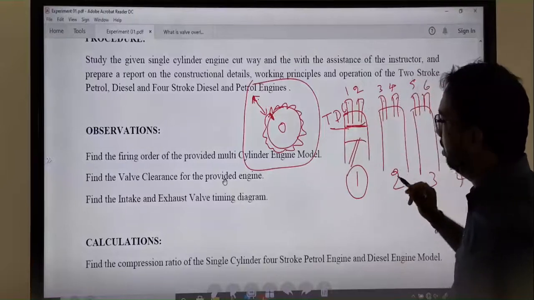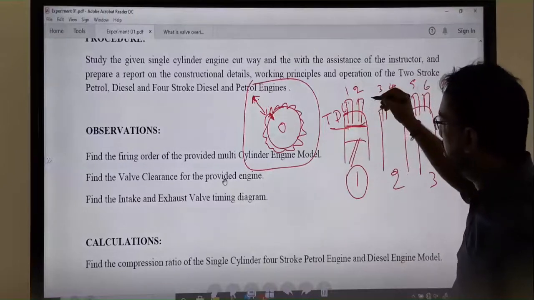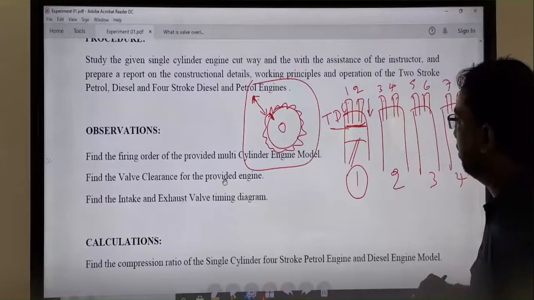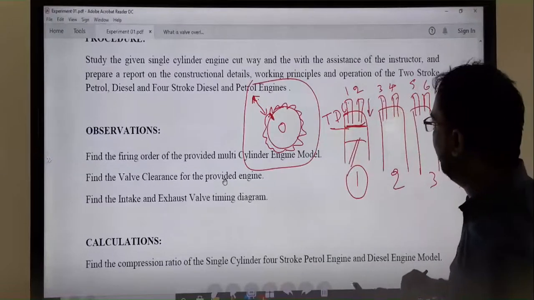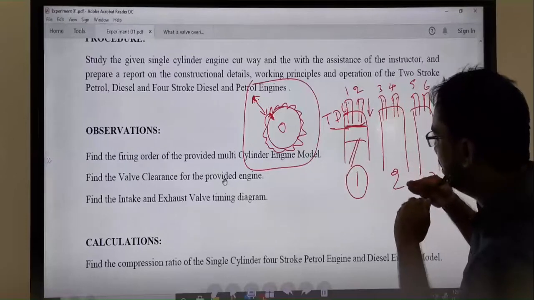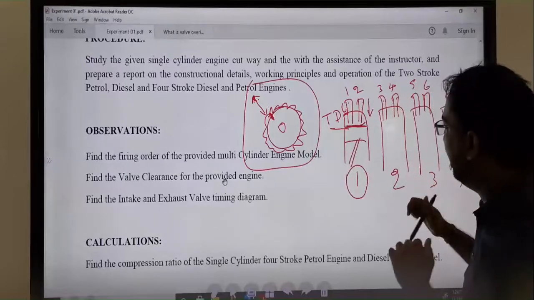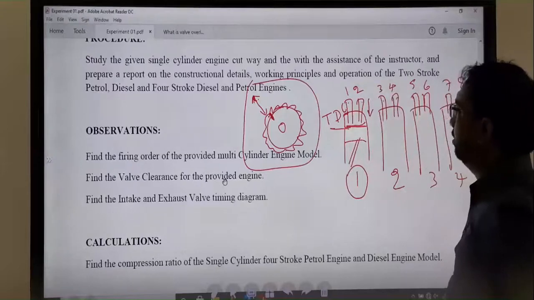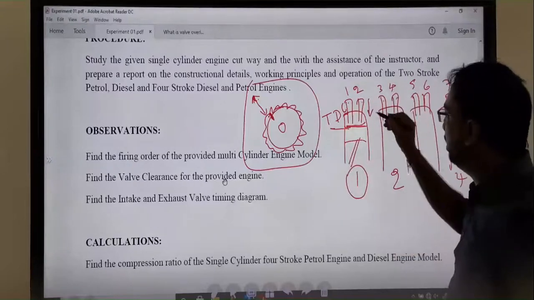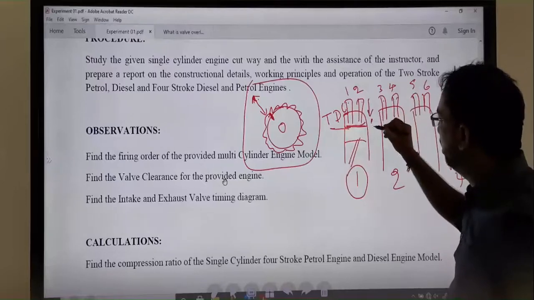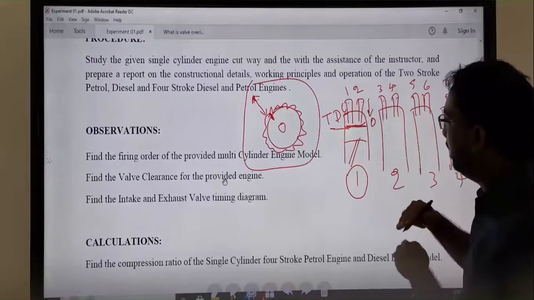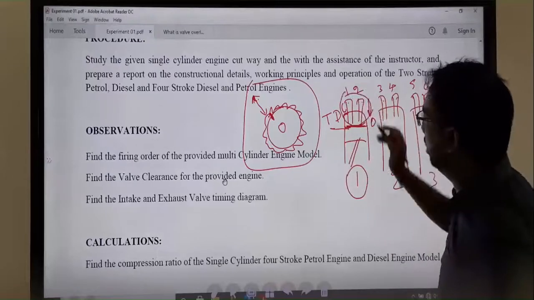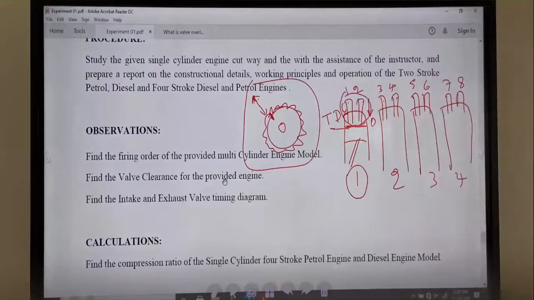So the suction stroke is also going to start, but the previous stroke is exhaust, and the exhaust comes to an end. So at this moment the intake valve is going to open and the exhaust valve is going to close. At that moment, both valves are open.